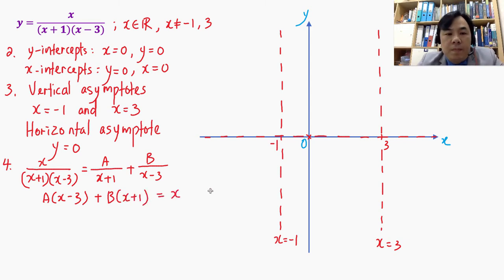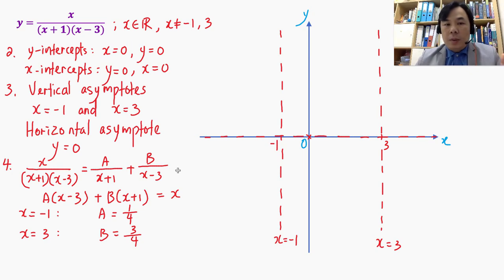Now the same thing, you let your x equal to -1, for instance. Here you will get A equal to 1 over -4, so that will be -1/4. And the same thing, you let your x equal to 3. Then your B will be 3 over 4.